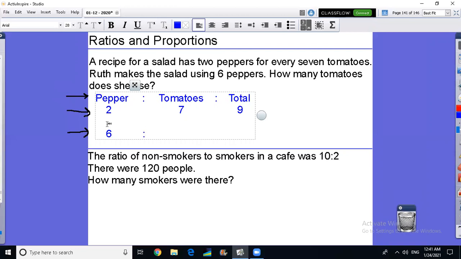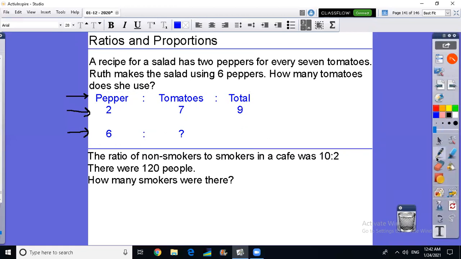And where's the question mark? It's always a number and a question mark in the third line, always. How many tomatoes does she use? The question is about the tomatoes, so I'm going to put the question mark in the tomatoes column. What about the total? I cannot find the total, and you don't have to.